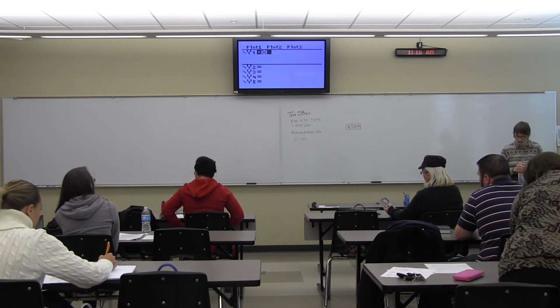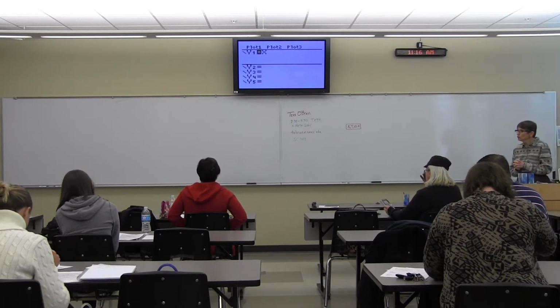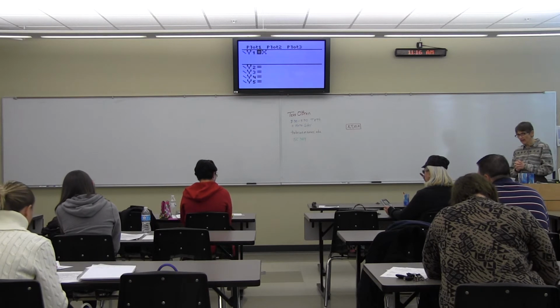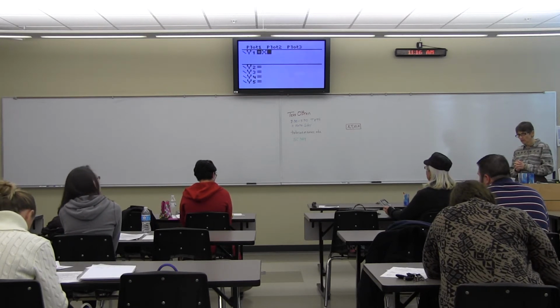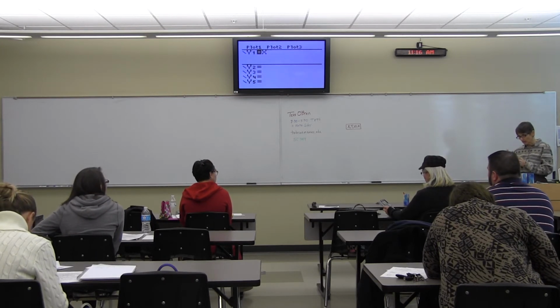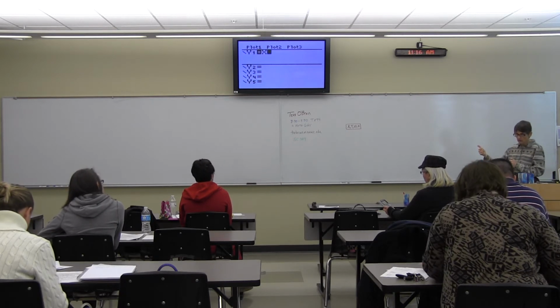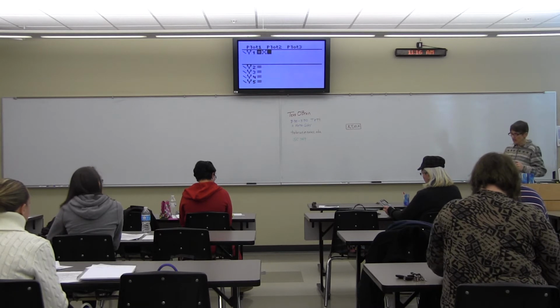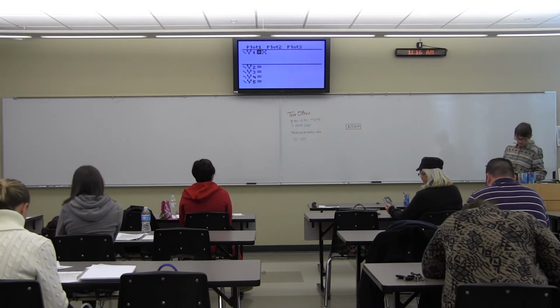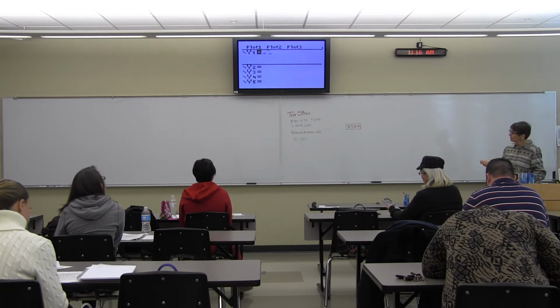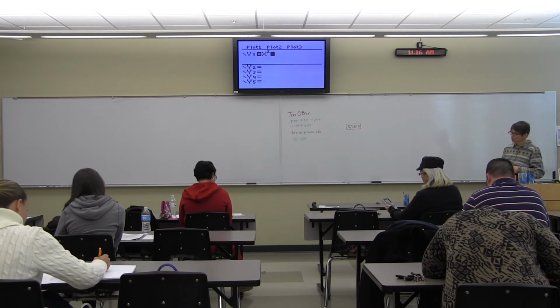So let's hit x. And then what are two ways that I can square that x? I can use the caret key and a 2, or the x squared button, right? There's an x squared button in the first column that I can use, or I can use the caret key. Either one of those will give me x squared.